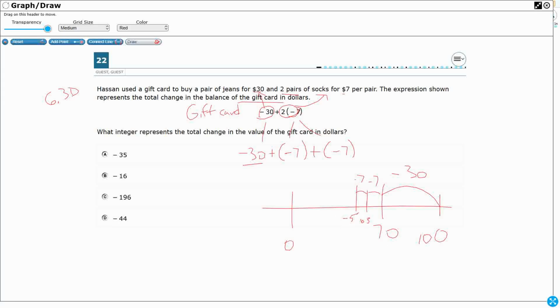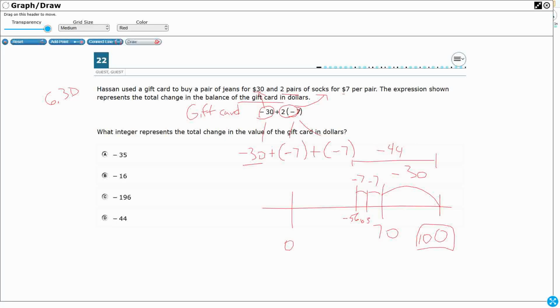Now, it doesn't mean there's $56 left. Remember, I made this up. But what's the total change? Well, I took away 30 and 7 and 7. So if you put all this together right here, what is that? Well, that's a minus 44. So that's what we're looking for, the total value of change of the gift card.